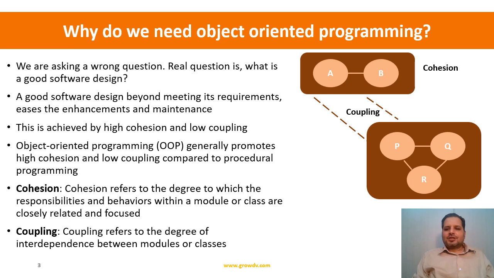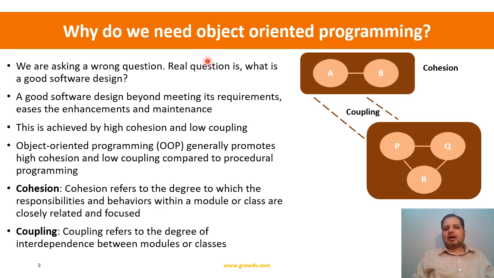Okay, so before we jump deep into the class construct and its usage, let's ask ourselves a question: why do we need object-oriented programming? This is the typical question that we ask, and we can give all types of general answers, which we are going to look at anyway as part of this session: abstraction, inheritance, polymorphism.